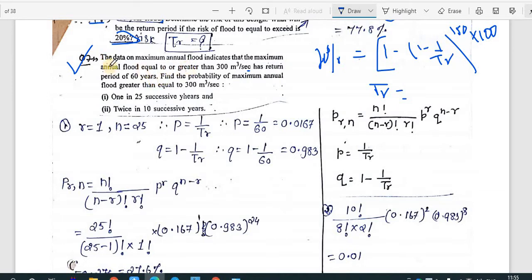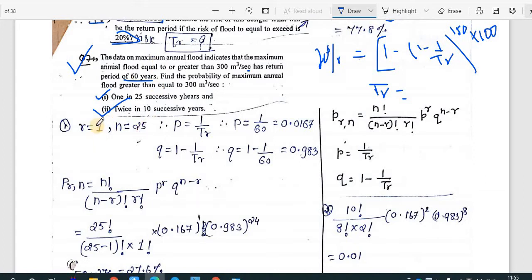Find the probability of maximum annual flood greater than or equal to 300 meter cube per second, once in 25 years, and twice in 10 successive years.